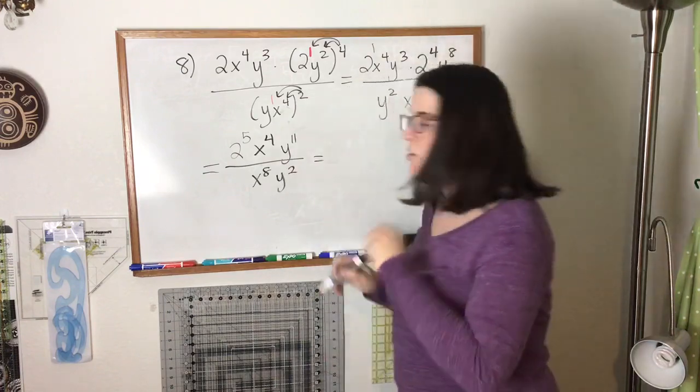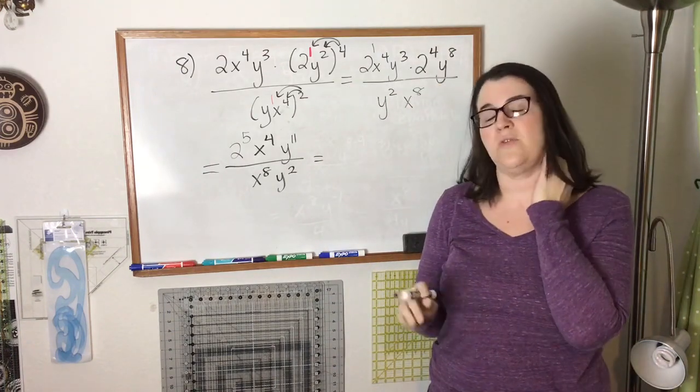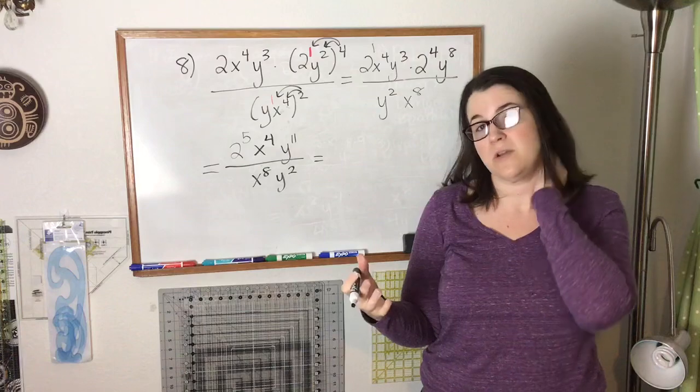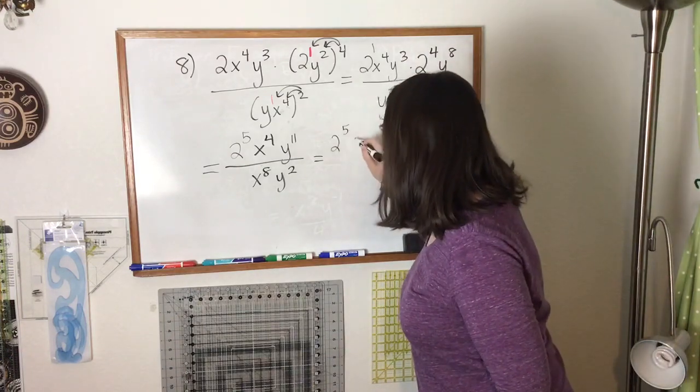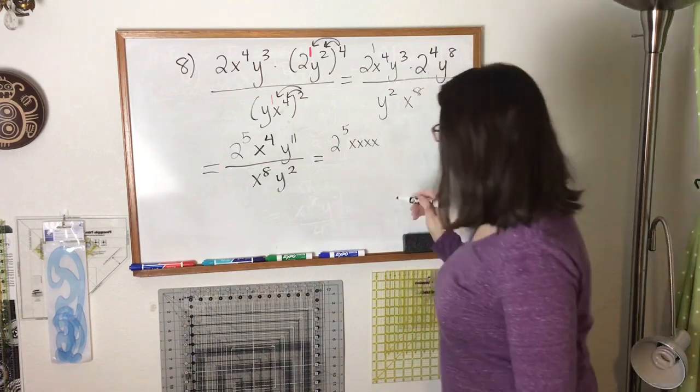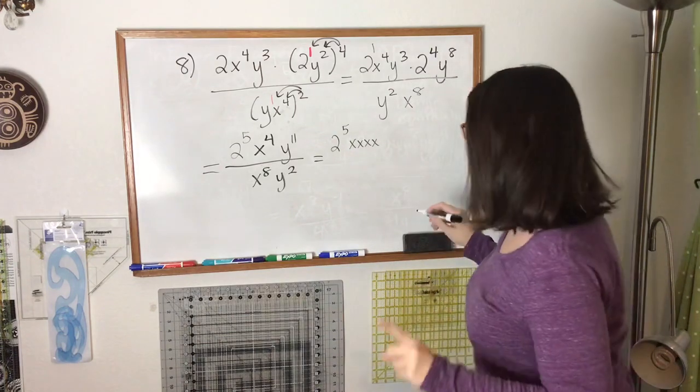Now, for this one, I'm going to go ahead and expand it, just so that if you ever have trouble with this, you can see how the expansion works. I'm going to leave 2 to the 5th, and I have 4 x's. Now watch this, I'm going to do 11 y's.